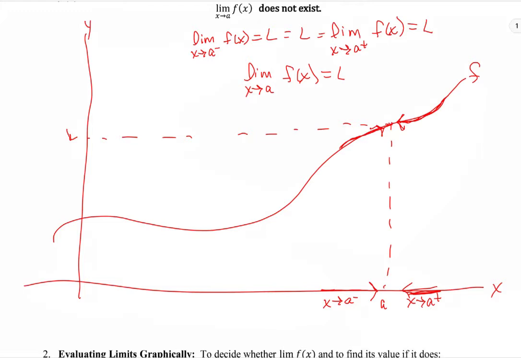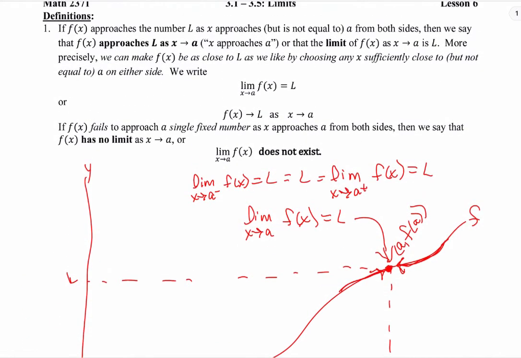It means that as I get closer and closer and closer, then my function becomes this value, L. And this point right here is f of a. Now, it is only continuous if all of these occur, all right? And if it fails to approach this single value, then the limit does not exist.